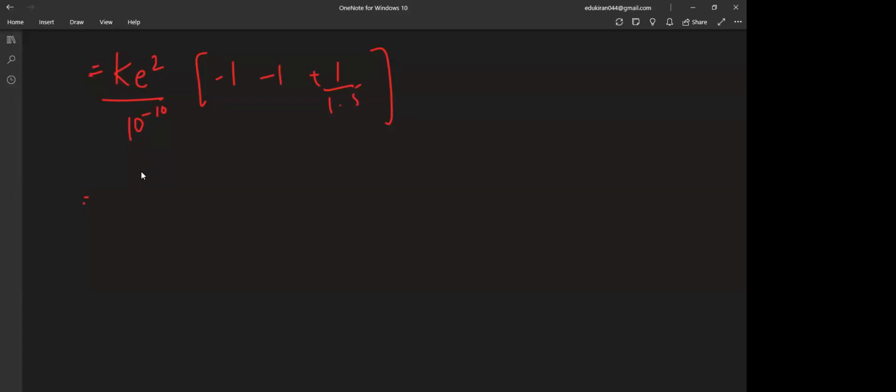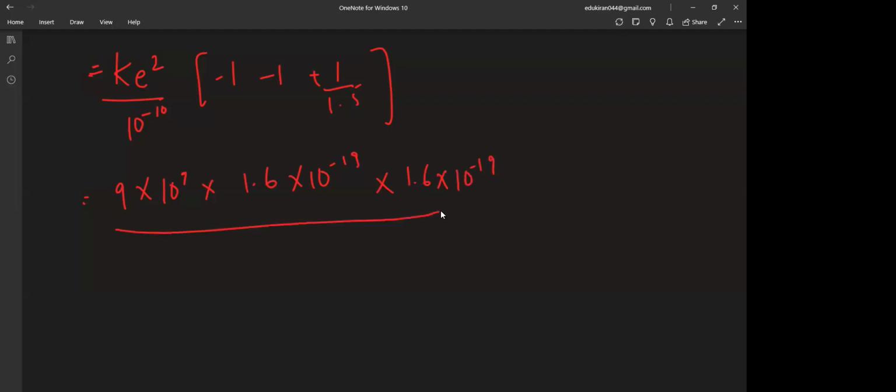See, this will be E square. K is 9 into 10 to the power 9. Then E square, that is 1.6 into 10 to the power minus 19 into 1.6 into 10 to the power minus 19, divided by 10 to the power minus 10.